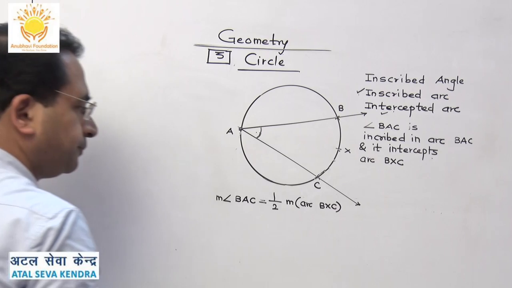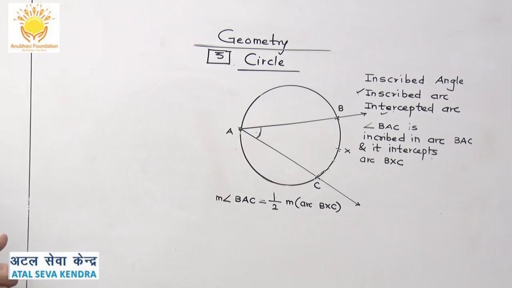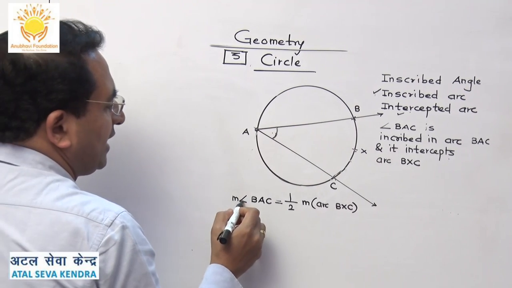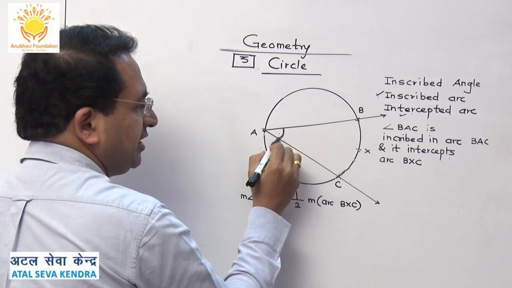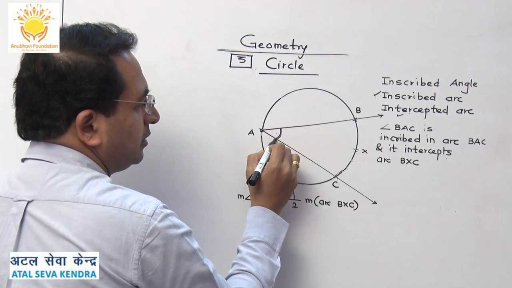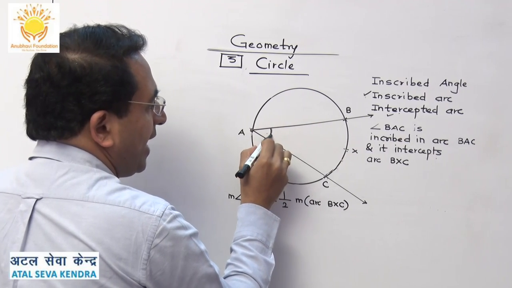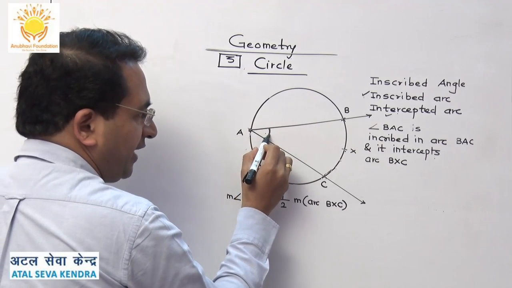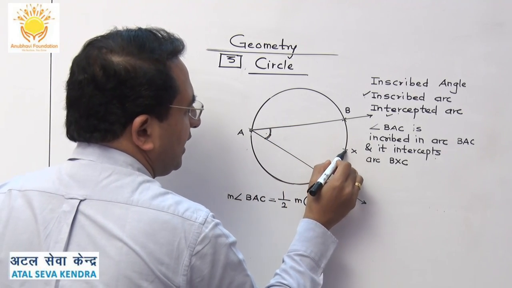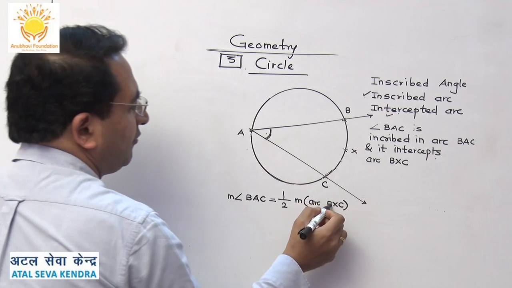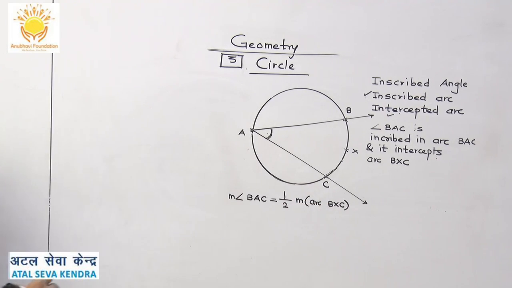Again I repeat, the measure of angle BAC, the inscribed angle, will always be half of the arc which is facing it. So it is half of BXC.